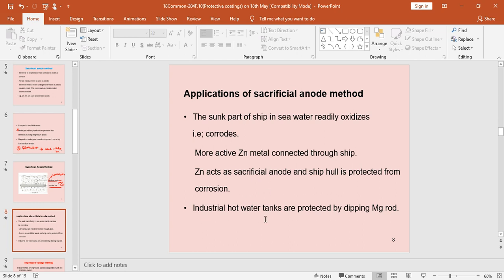Next, industrial hot water tanks are protected by dipping a magnesium rod. Here, the hot water tanks are made of iron. Now, the iron is protected from corrosion by using magnesium. So these are examples for the applications of the sacrificial anode method.